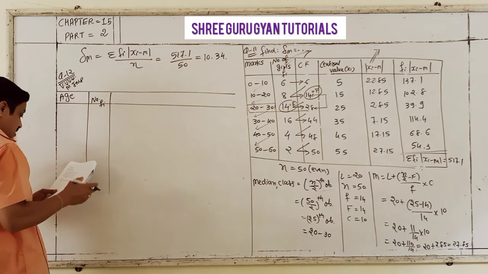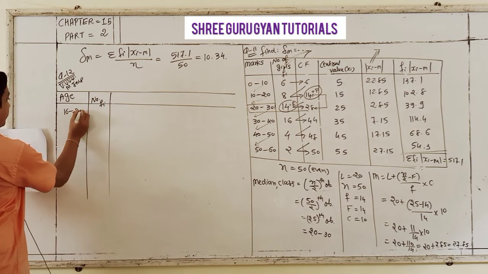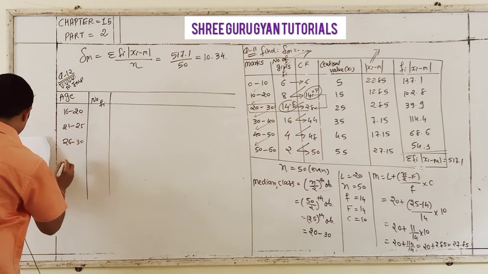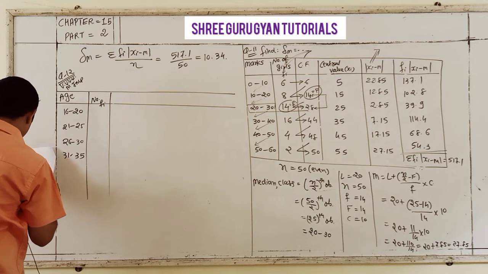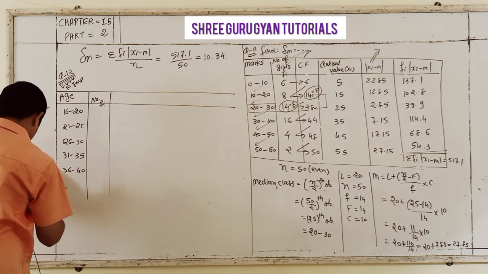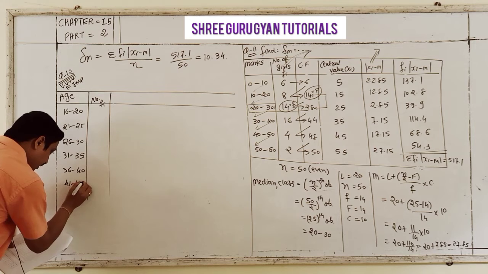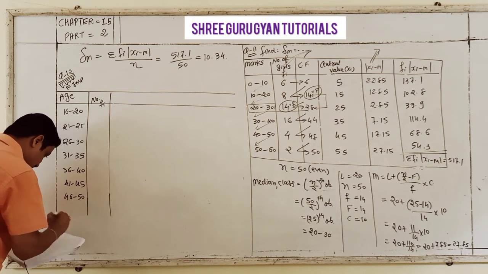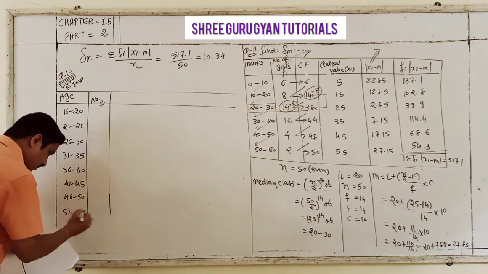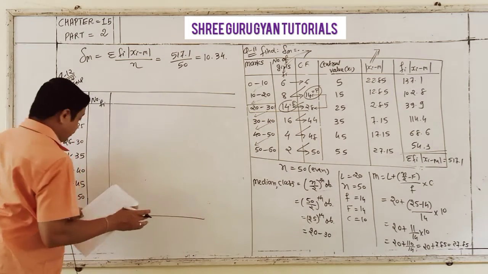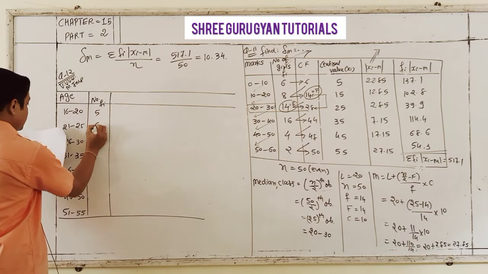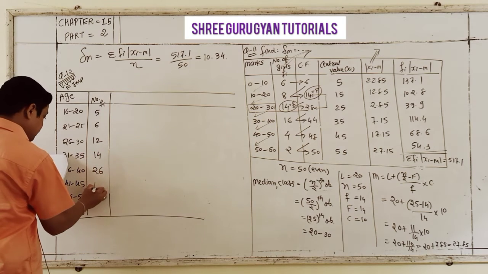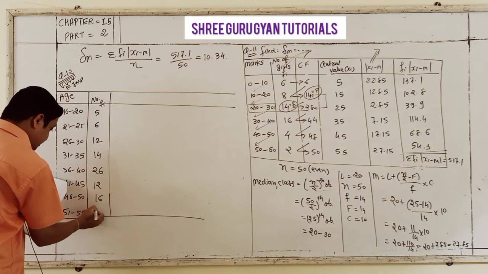With fi given. My age groups are 16 to 20, 21 to 25, 26 to 30, 31 to 35, 36 to 40, 41 to 45, 46 to 50, and last 51 to 55, and those become your frequencies: 5, 6, 12, 14, 26, 12, 16 and 9.